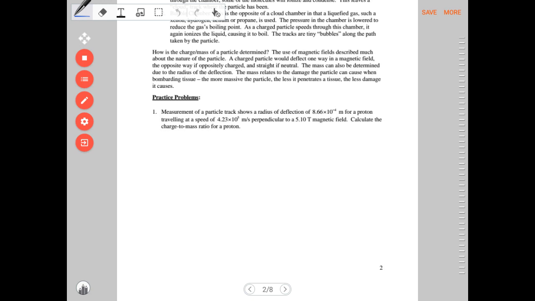Well, we've seen this before last unit. In order for the forces to equate, we have a magnetic force that causes a centripetal force. You'll remember the magnetic force is qvB, and the centripetal force was mv squared over r. Of course, you'll remember that one of the velocities always cancels, so we end up with qB equals mv over r.